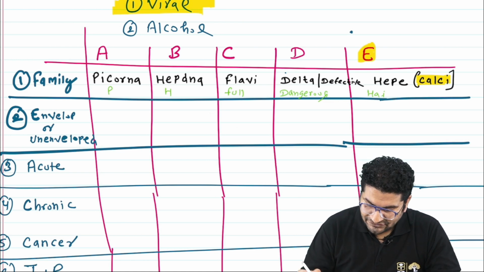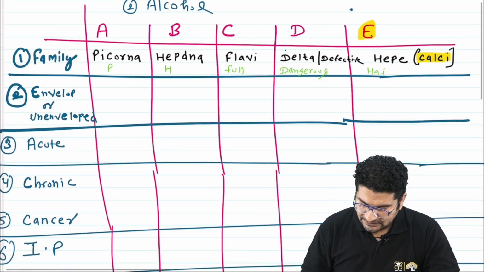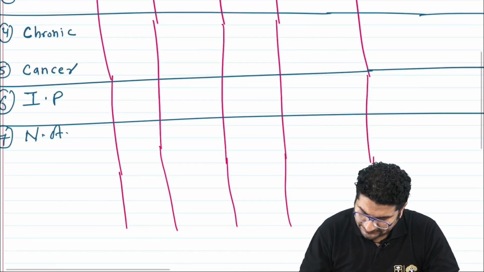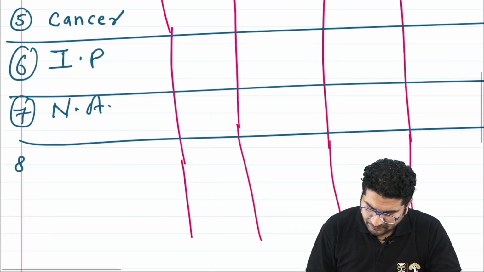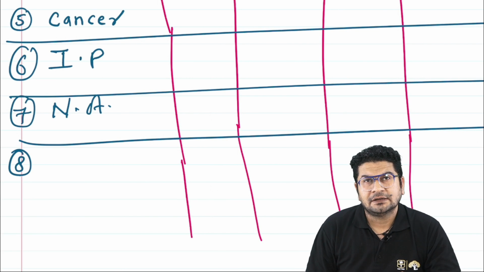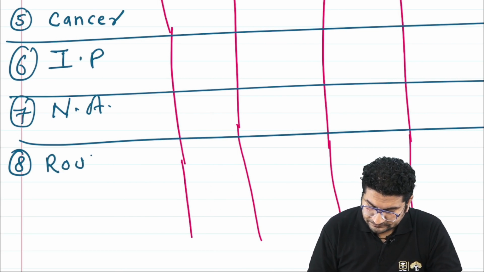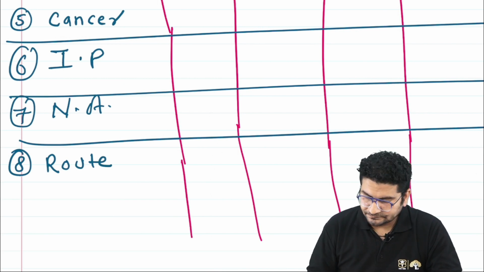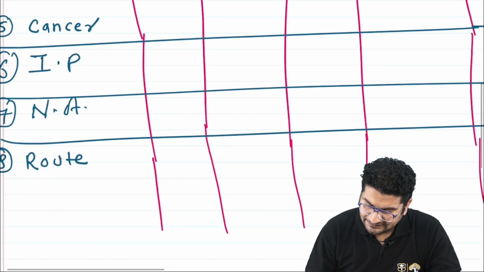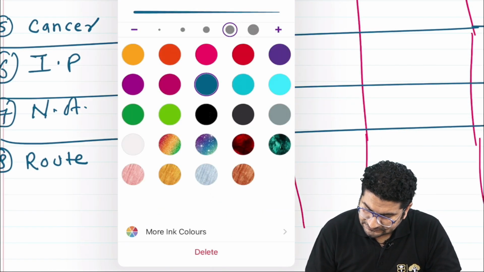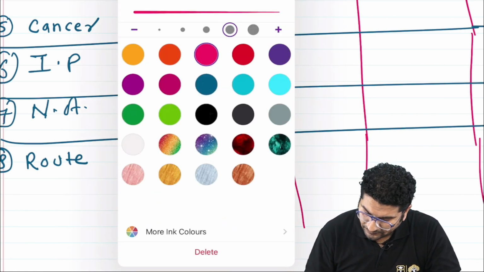Now, which is enveloped and which is non-enveloped? Let me tell you one more thing we need to discuss together: which virus is spreading by which route. For hepatitis A and hepatitis E, they will spread by the fecal-oral route.